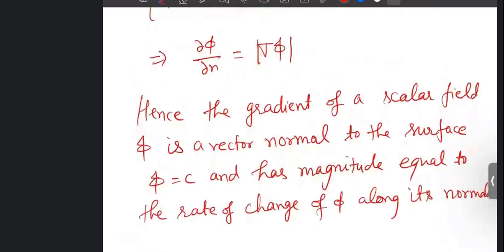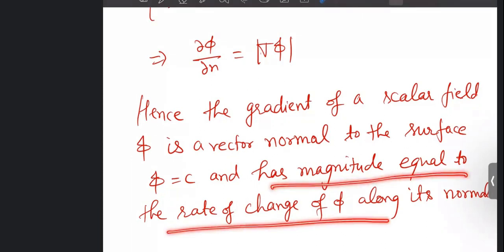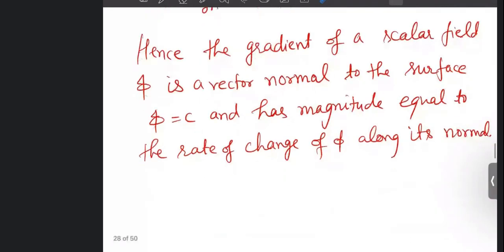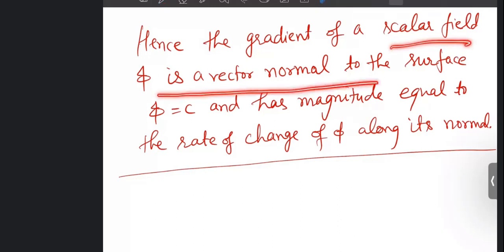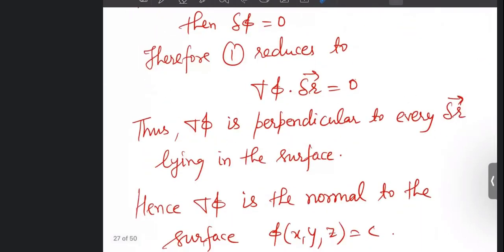This is ∂φ divided by ∂n is equal to the magnitude of this del of φ. What does it mean? It means its magnitude is equal to the rate of change of φ along its normal. This is the complete physical significance of the gradient of φ. It means gradient of a scalar field φ is a vector normal to the surface, which we have already considered, hence del φ is normal to the surface.